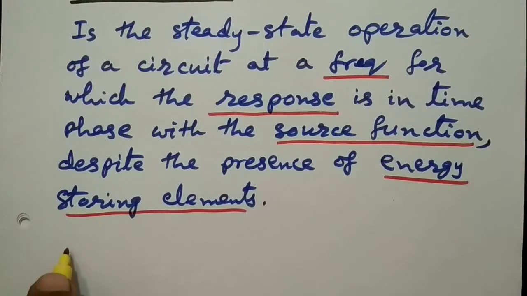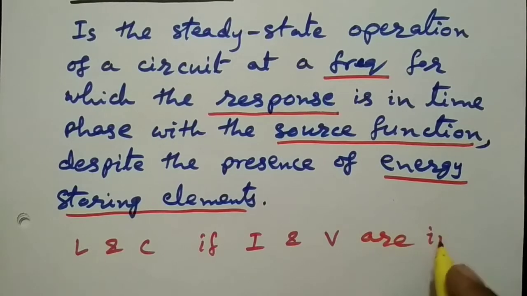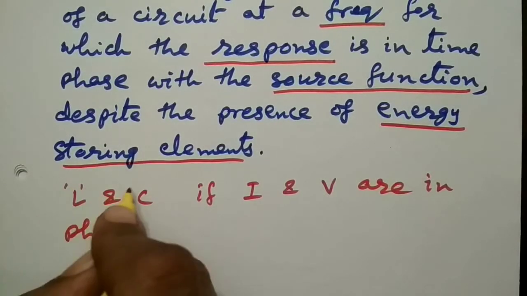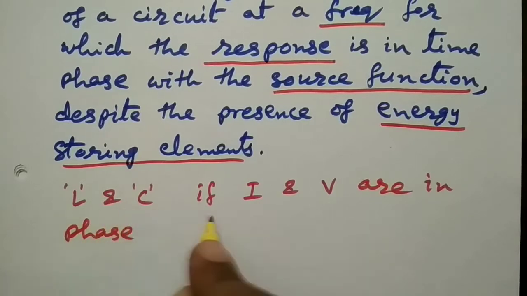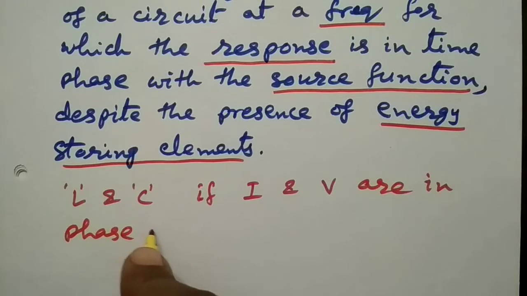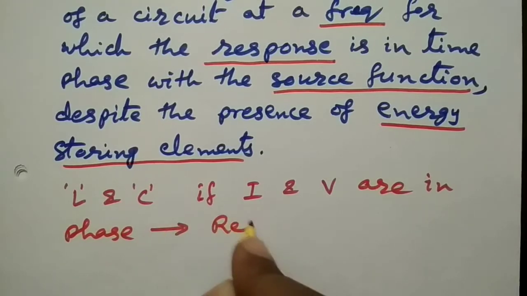despite the presence of inductor and capacitor in the circuit, if the current and voltage are in phase, then this situation is considered as the resonance.